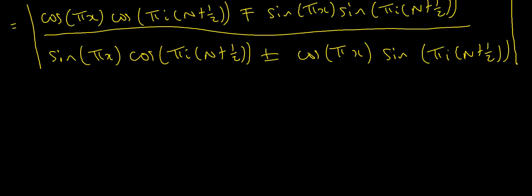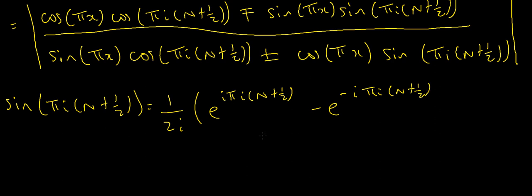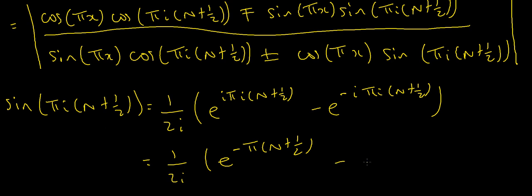Using the definition of sine, note that sine of pi i times (n plus a half) is equal to 1 over 2i times e to the i pi i (n plus a half), minus e to the negative of the same thing, and that's equal to 1 over 2i times e to the negative pi (n plus a half), minus e to the positive pi times (n plus a half).